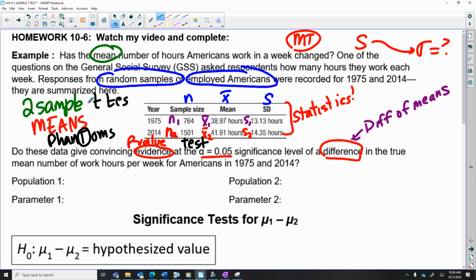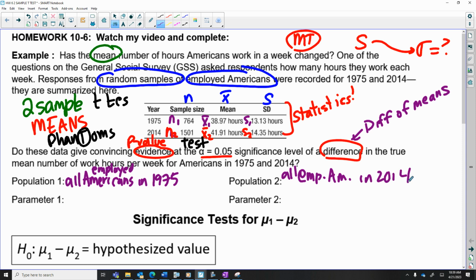Population 1. I'm hoping you're realizing the overall population is all Americans who are employed. So all employed Americans in the year 1975. And population 2, will that be all employed Americans in the year 2014?